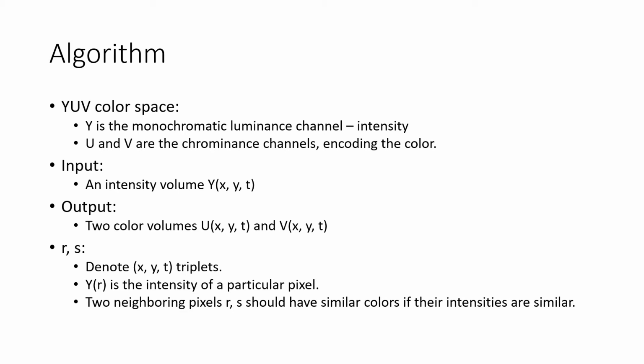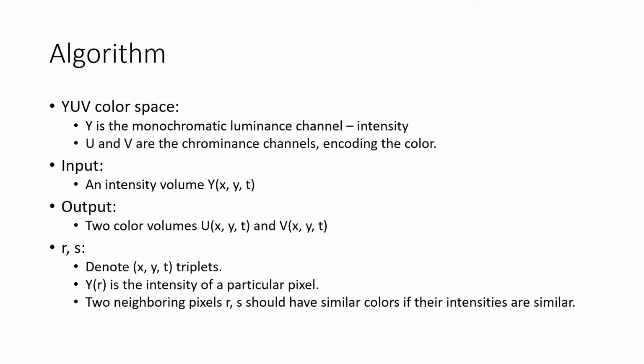So the input of this model is an intensity volume Y(x,y,t), because they denote by t the time for the video, but we are going to omit this. Rather, we are focusing on Y as a function of x, y.